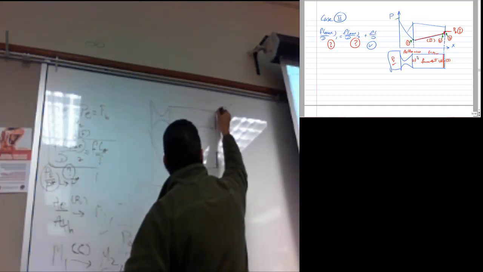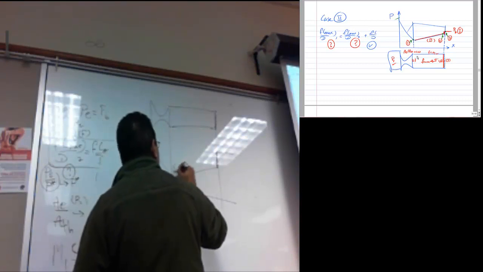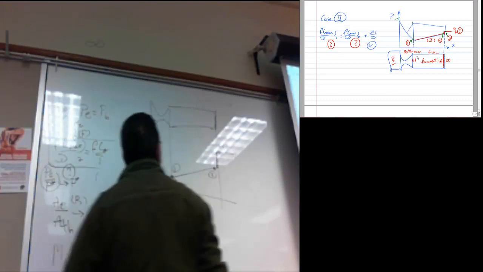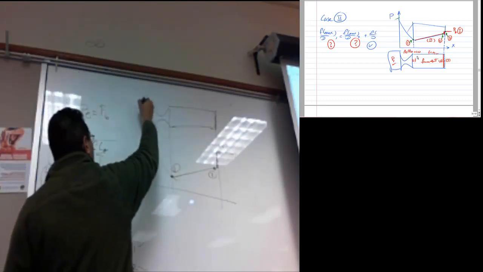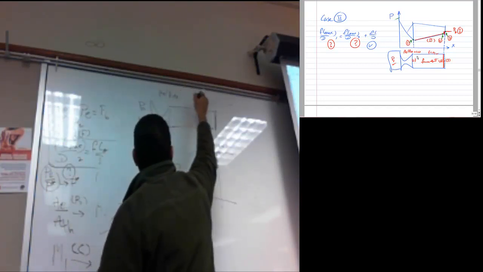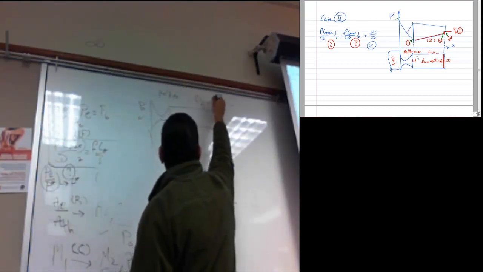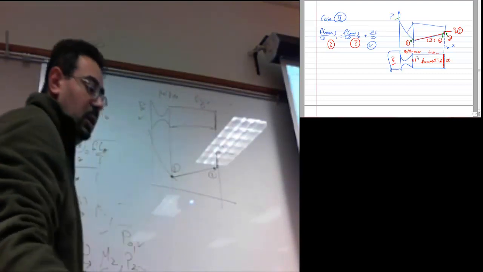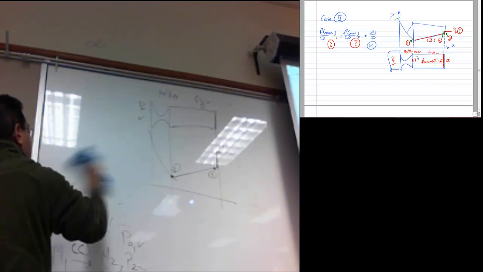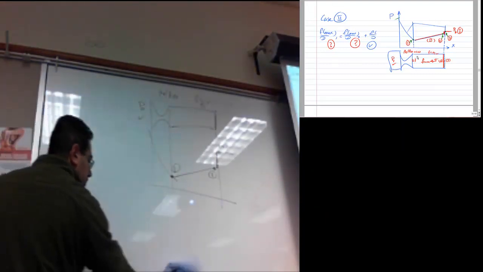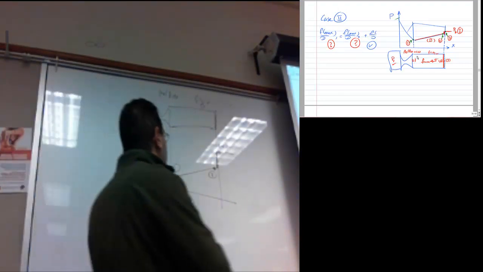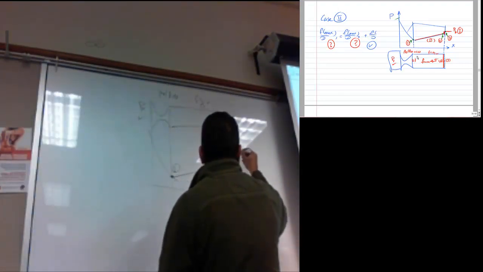So 1 and 2 are just before, and 3 just after. All right? And again, B naught is given, area exit over area throat is given, and FL max over D is given. And required is B3.